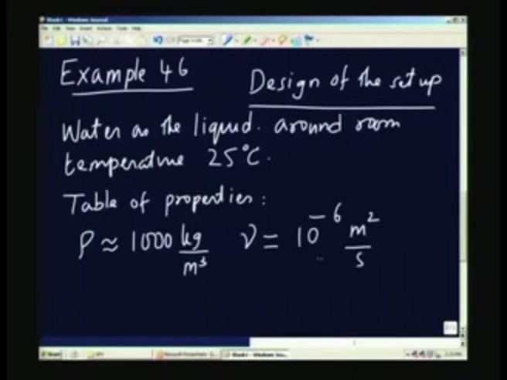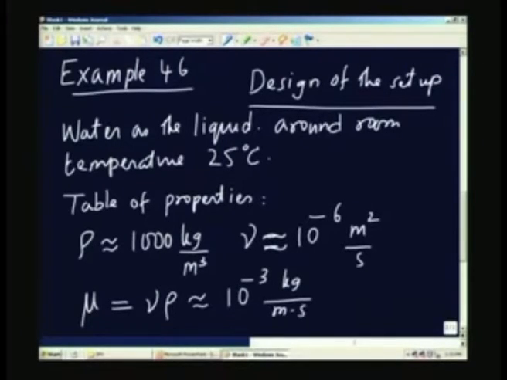I am not taking a very accurate value, just roughly 10 to the power of minus 6 meter squared per second. And if you calculate the viscosity mu, it is nothing but nu times rho, which will be approximately 10 to the power of minus 3 kg per meter second. That is the unit of viscosity.